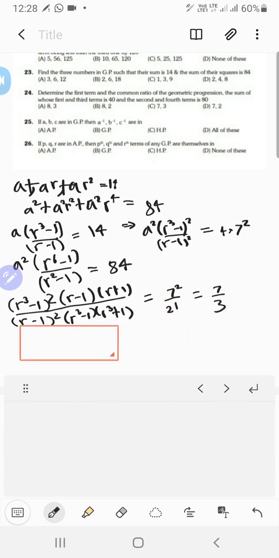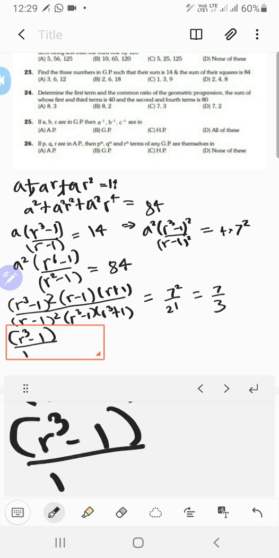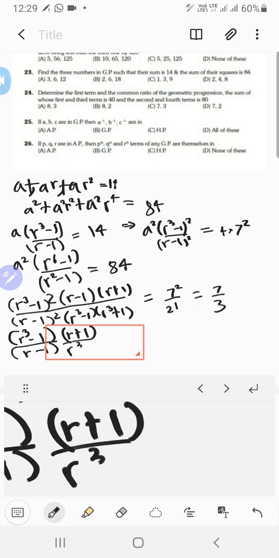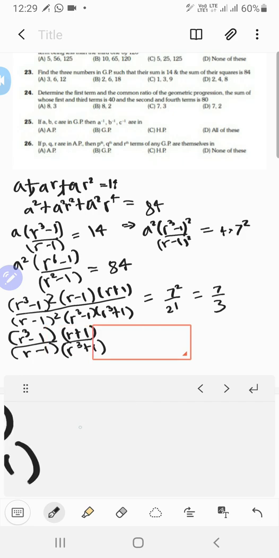Whatever, now let's simplify this. r cubed minus 1 squared upon r cubed minus 1 is just r cubed minus 1. Over here you have r minus 1. And then you have r plus 1 upon r cubed plus 1. And this is equal to 7 by 3.